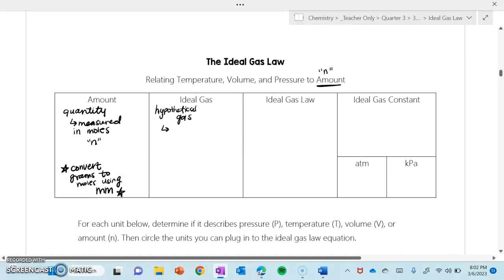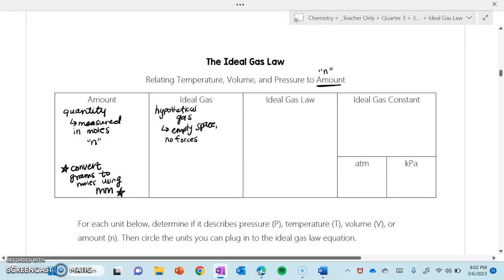The assumptions that we make for this hypothetical gas are that it's empty space and that there are no forces between particles. The reason they make these assumptions is because it makes calculations easier. We don't have to go into higher level math and physics concepts in order to describe the gases. It gives us a ballpark answer, but it's ideal. It's not perfect to the real world.